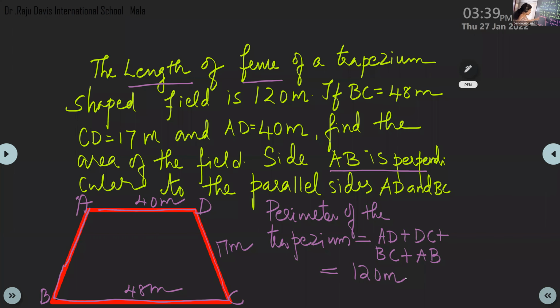So 40 plus 17 plus 48 plus AB is equal to 120. Find out what AB is from that. Then after finding AB, it is easy to find out H. We will get H. Do it as homework.